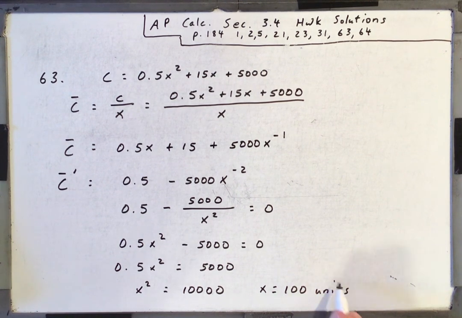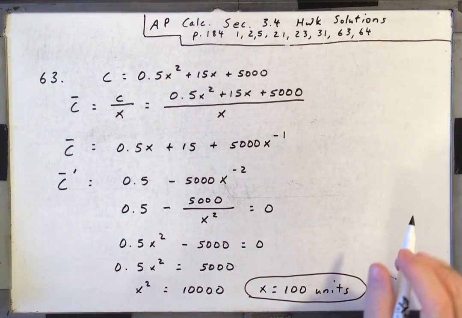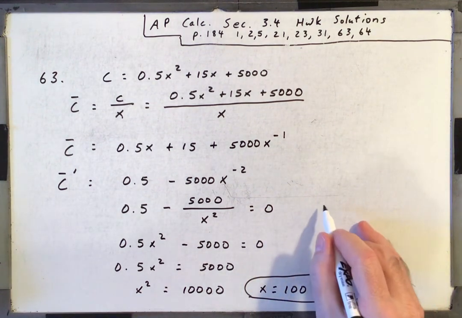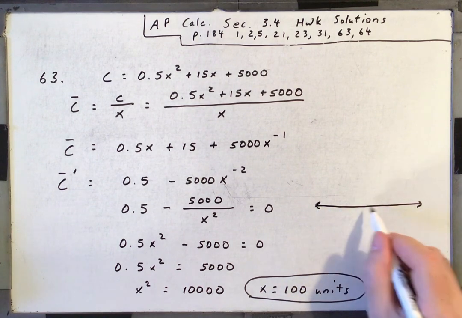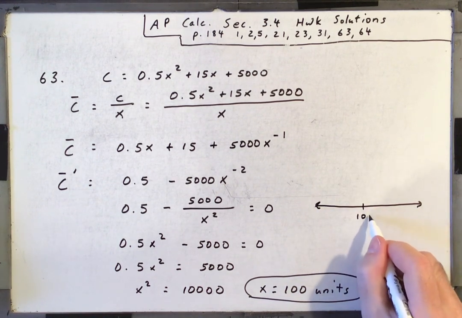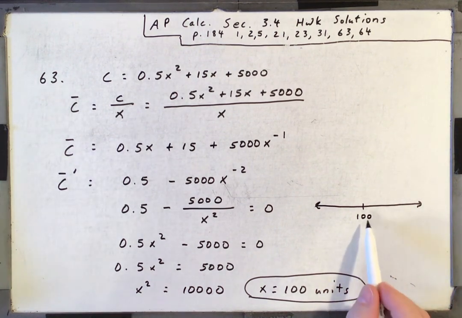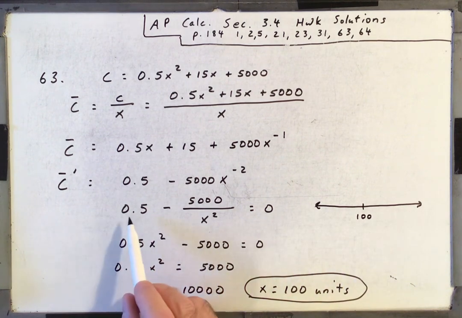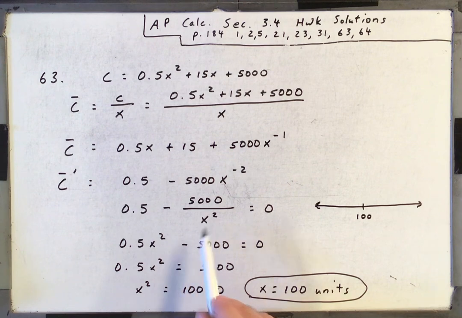Now I have to make sure that's a minimum. To make sure it's a minimum, I'm going to do a sign line right here, because it could be a maximum. If it were a maximum, you would say there is no minimum. So let's pick a number to the left of 100. How about 1? 0.5 minus 5,000 over 1 is going to be negative.